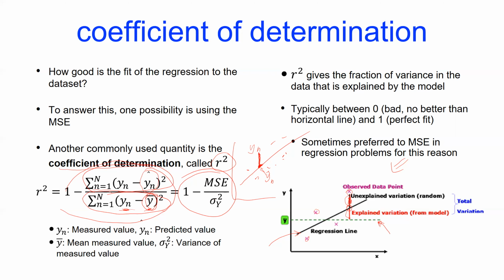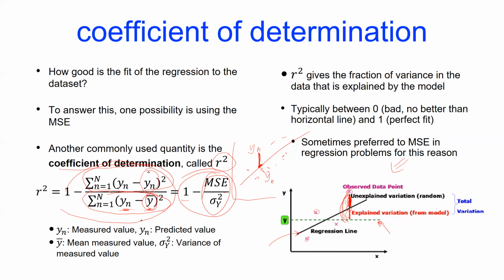It's like the epsilon. This one is the explained variation, and the whole thing is your variance, right? Do you see that? So now you are trying to measure how much this portion is over the whole range. This becomes your second part, the MSE divided by your variance. Then of course we use 1 minus this.